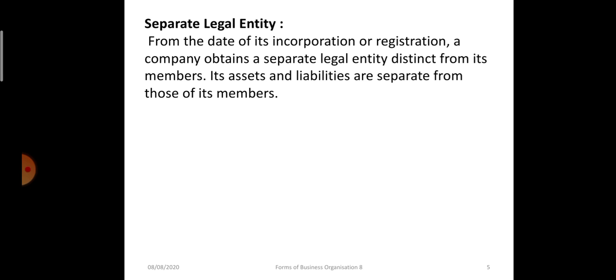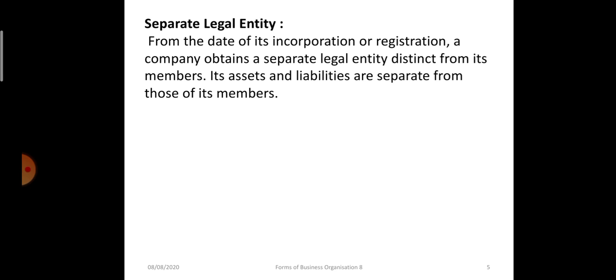Now, separate legal entity means the members, the shareholders, and the company are different. It is not affected by the coming in or going of members. If the members die, the company is not affected. If the members become insane, the company is not affected. So, the company has a separate legal entity.